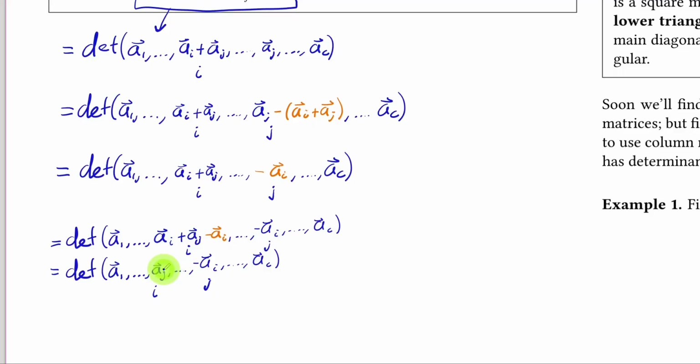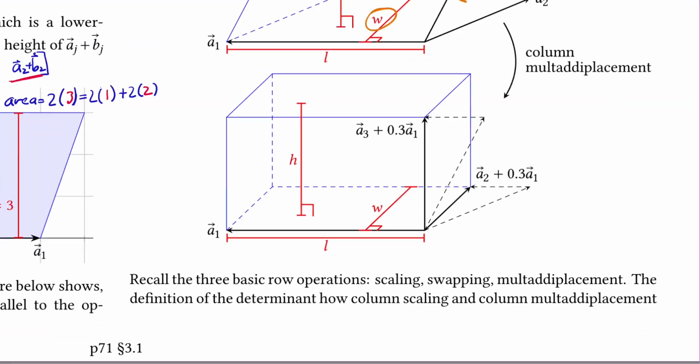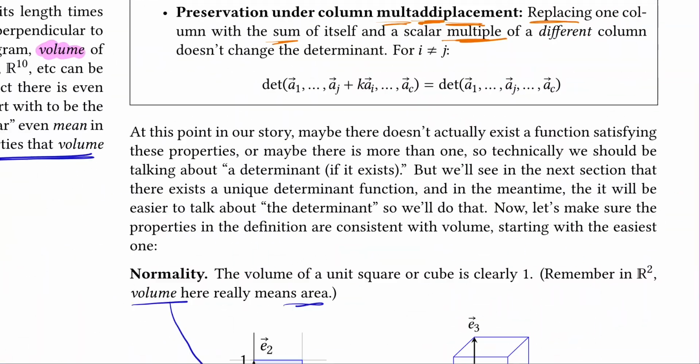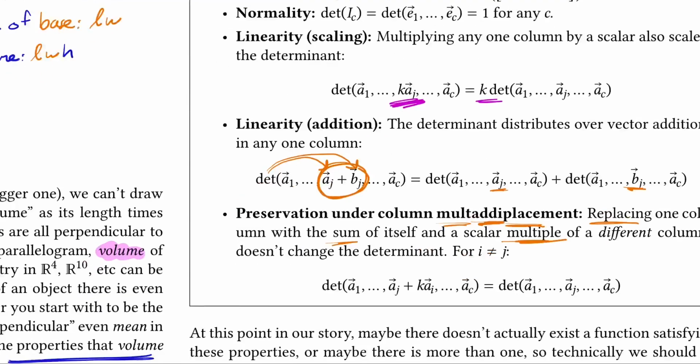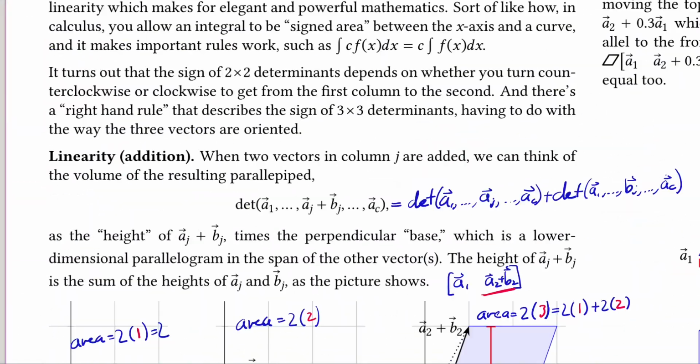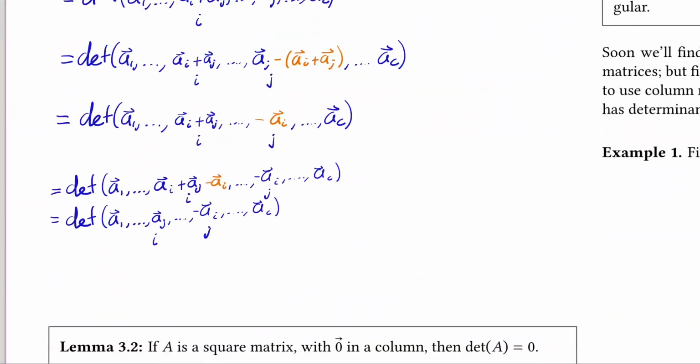Okay, so here's what we have. They have swapped places. It's just that the problem is we still have this negative thing here. But we can deal with that using the linearity by scaling rule. We can say that k is -1 and take it out, just multiply the whole determinant by that.